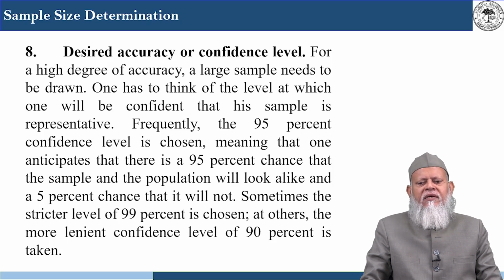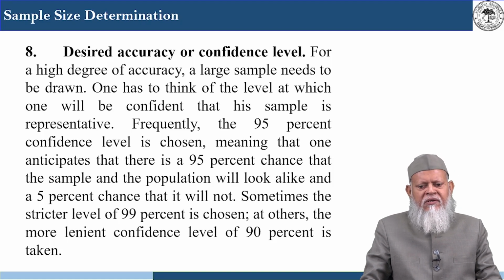Frequently 99%, 98%, or even 95% confidence level is chosen, meaning that one anticipates there is a 99% chance that the sample and the population will look alike, and only a 1% chance that it will not; a 98% chance that they would look alike, and only a 2% chance that they would not; a 95% chance that they would look alike, and a 5% chance that they will not.